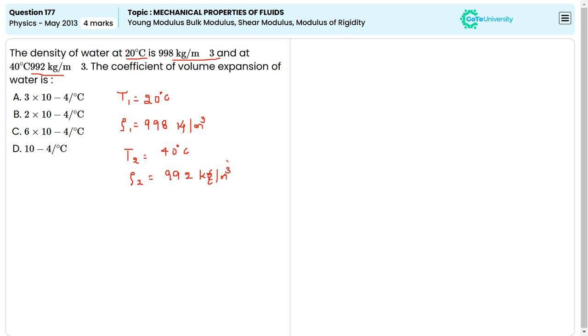Then we know that rho T2 is equal to rho T1 divided by 1 plus gamma into delta T. Then we can write this delta T as T2 minus T1, that is rho T1 divided by 1 plus gamma into T2 minus T1.